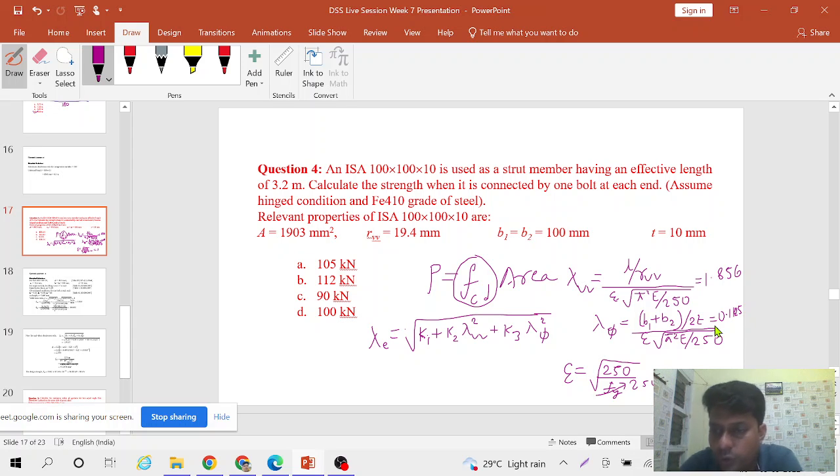Zero point 1125. Sir, B1 plus B2 is 200 divided by 2 times the thickness, which is 2 into 10.